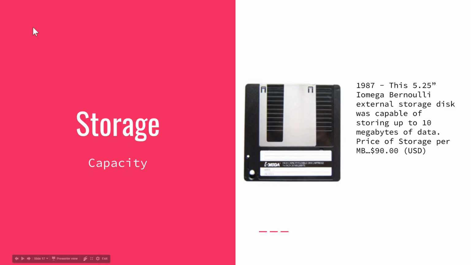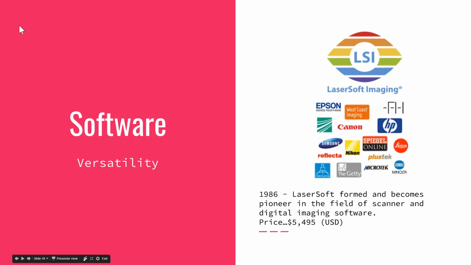There was one other component that we needed to have in the formula in order to be successful in getting best scans for 35 millimeter slides, and that was software versatility. And in 1986, again, all at that same time, LaserSoft was formed and becomes a pioneer in the field of scanner and digital imaging software, and that software, the package itself, originally sold for $5,495.